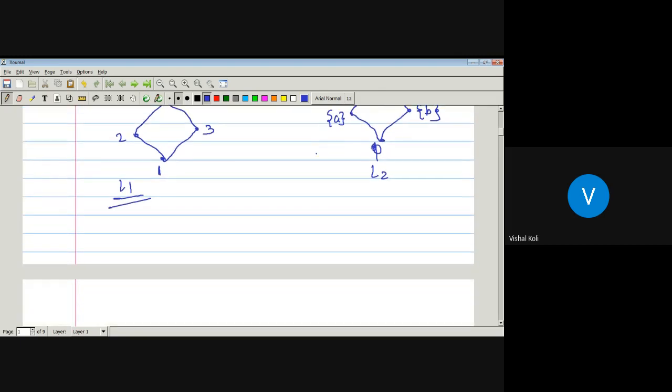Okay, so let us take 2 and 3, which belong to L1. Then what is f of 2 join 3? What is the join of 2 and 3? It is 6.